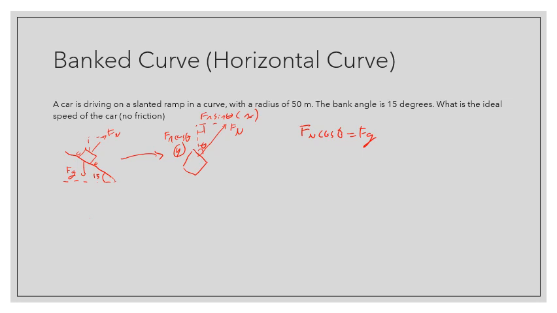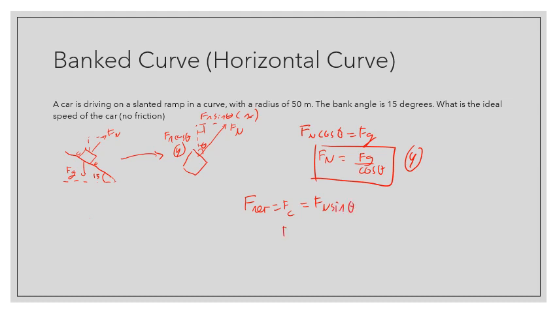So Fn is equal to Fg over cos theta. In the x direction, we know the net force is equal to the centripetal force, which is equal to Fn sine theta.